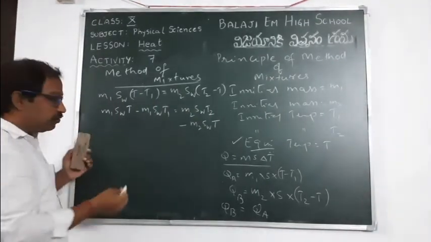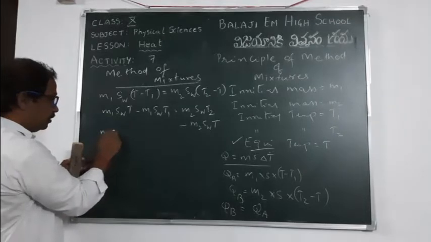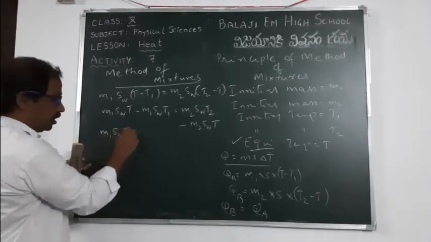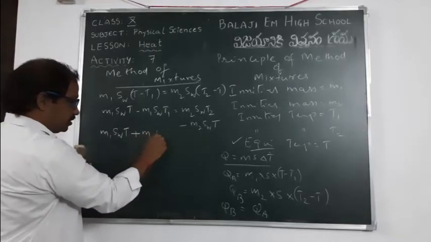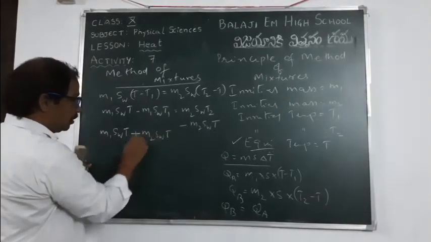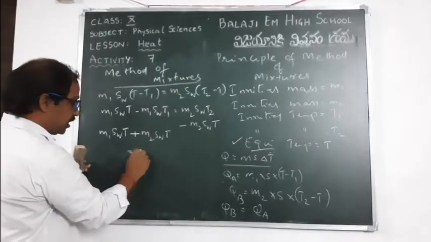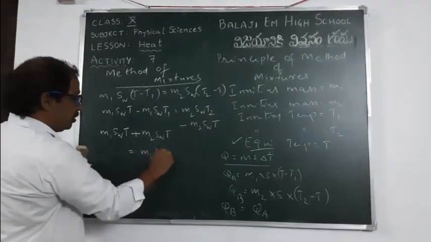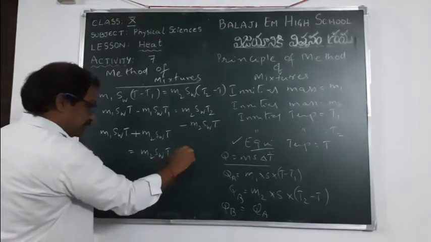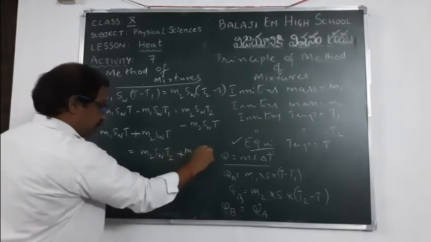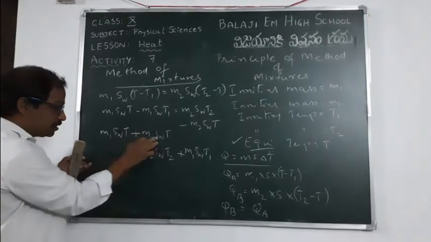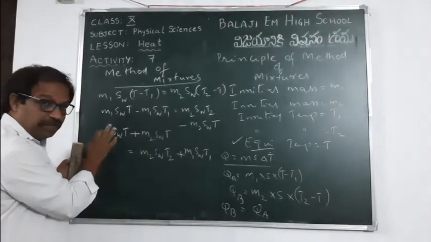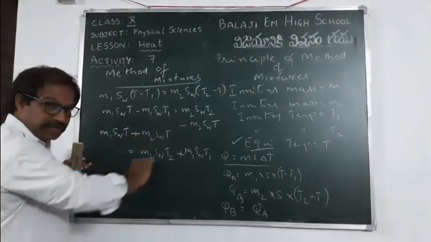You know all that very well. M1 SW T plus M2 SW T is equal to M2 SW T2 plus M1 SW T1. Here if you observe clearly, the specific heat of water is common in both LHS and RHS.